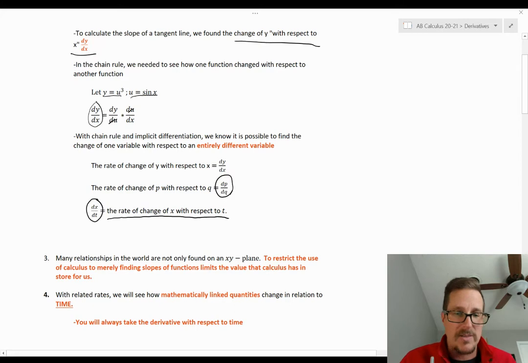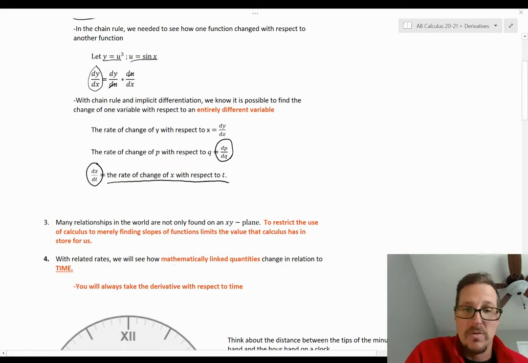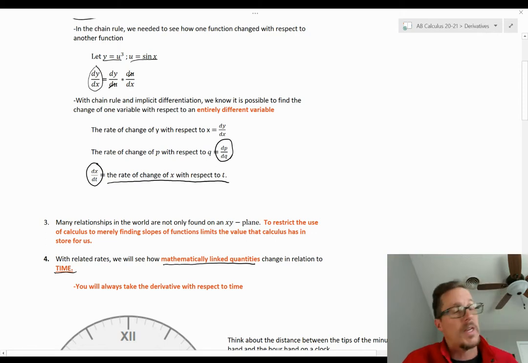To limit calculus to the xy plane is very constricting. Okay. So with related rates, we're going to see how mathematically linked quantities change with relation to time. I'm going to explain a few things later about related rates. But it's this idea of seeing the world around us, seeing how things are changing, and having calculus and mathematics explain a lot of that change.